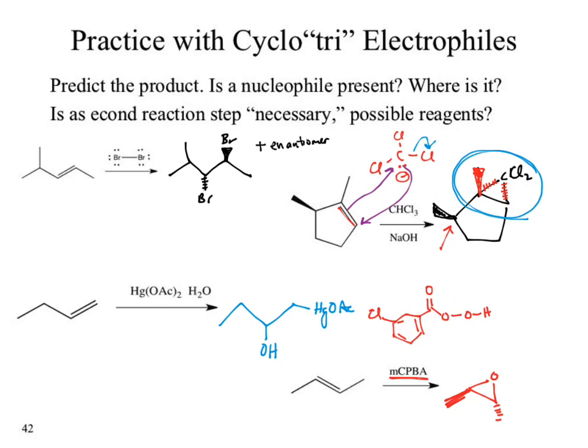When we move down to the next one, which we'll go through a lot faster, the mercury reagent, with big lone pairs, forms a cyclic structure known as the mercuronium ion, similar to the bromine. This one is different from the reaction we showed before because in this case water will attack here. It does not attack here.